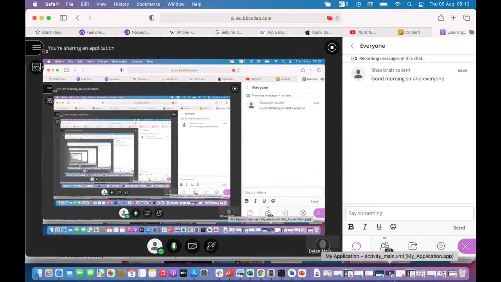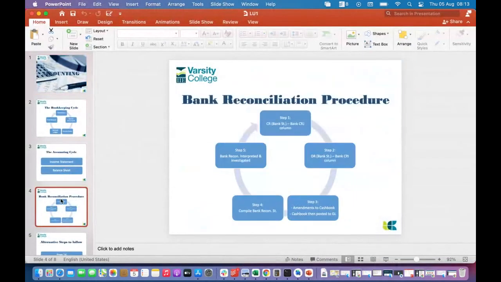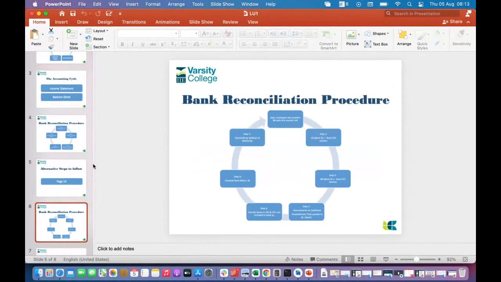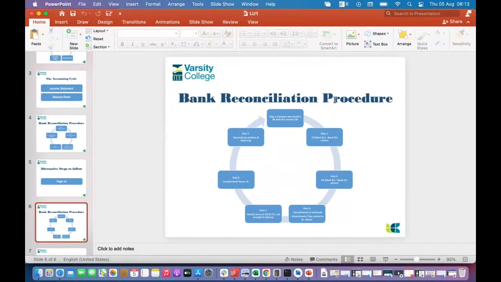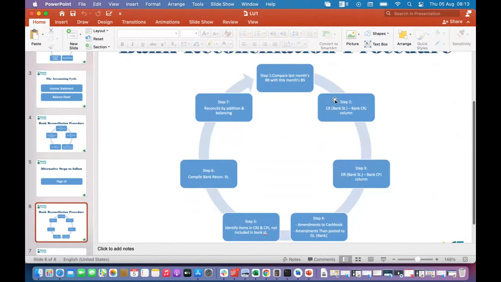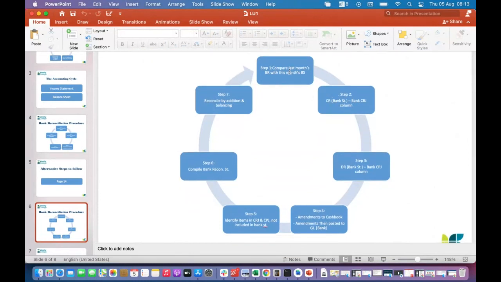Okay, so again, just to recap, I want to take us through our process, and this is why I told you guys to do this for homework, because you're starting to get the process of what we are doing. First things first, we want to compare last month's bank reconciliation with this month's bank statement.